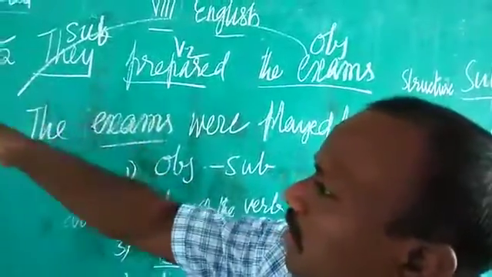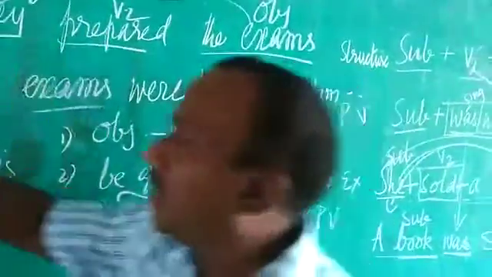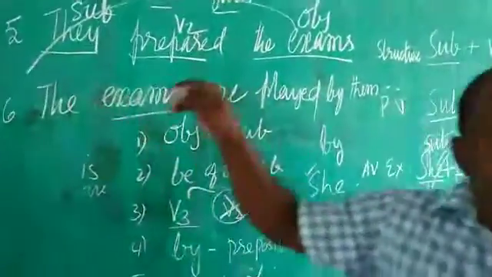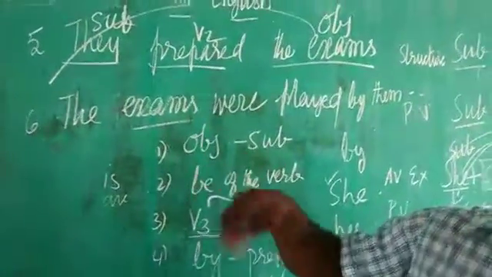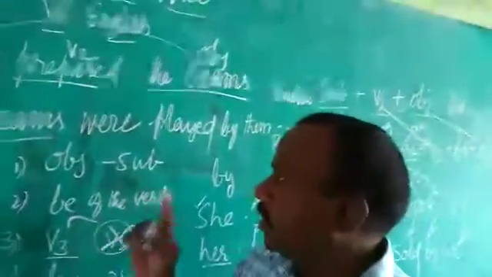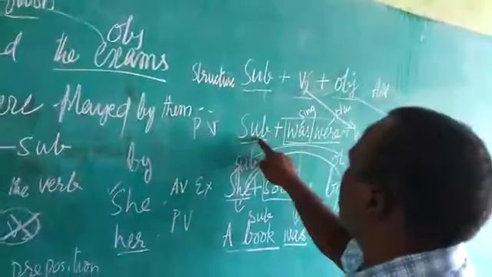Here prepared is given, here played, here sold, here enjoyed, here ate. All these show that it is in past tense. Whatever the tense is, you have to change the verb into V3. Remember that.